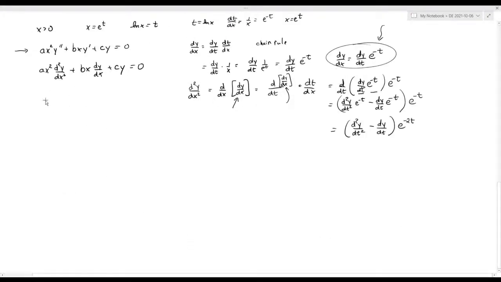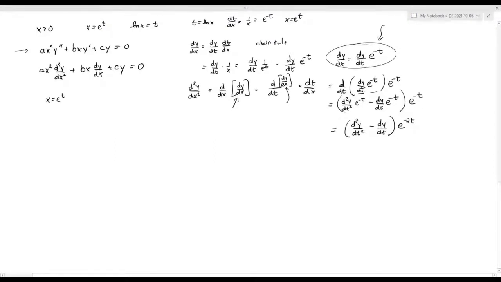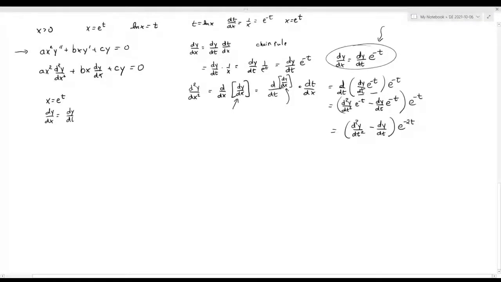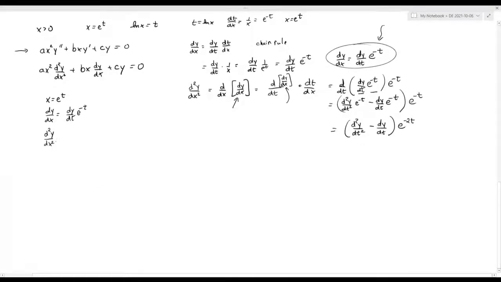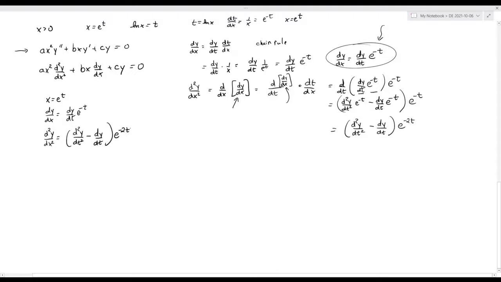So now we complete our substitution where x is replaced with e to the t, and dy dx is replaced with the derivative of y with respect to t times e to the minus t. And the second derivative of y with respect to x is replaced with its equivalent.